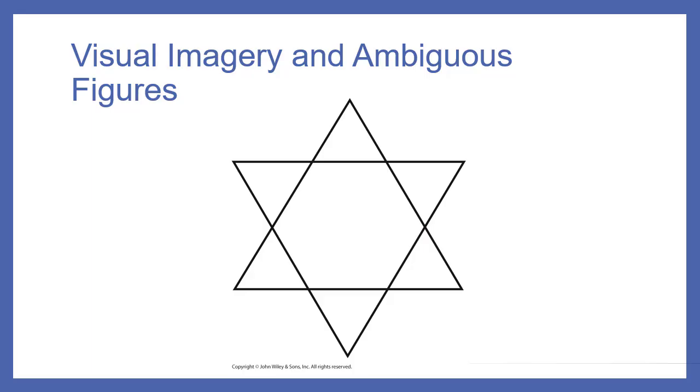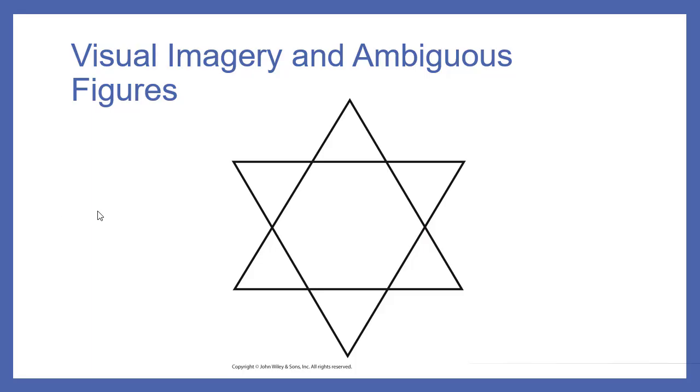Another example of how we use propositional versus analog codes is in this figure. It's a six-pointed star. You might think of it as two overlapping triangles if you were going to use a propositional code for it. Very seldom would you think of it that way. I can describe it as a regular hexagon with regular equilateral triangles on the outsides of it.